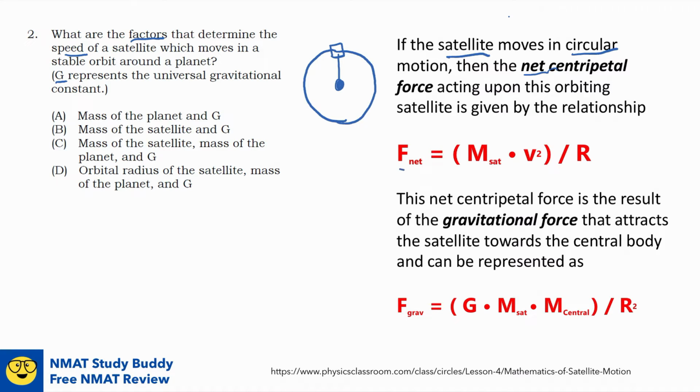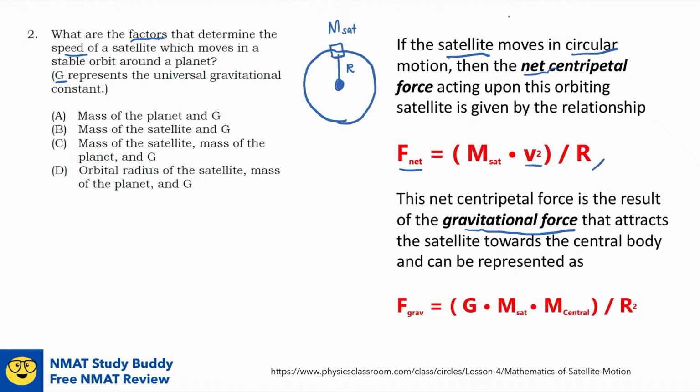So, ito yung centripetal force, F net, is equal to yung mass ng satellite times velocity squared all over yung radius. So, yung radius is yung distance between the planet and the satellite. Yan. This net centripetal force is the result of the gravitational force.